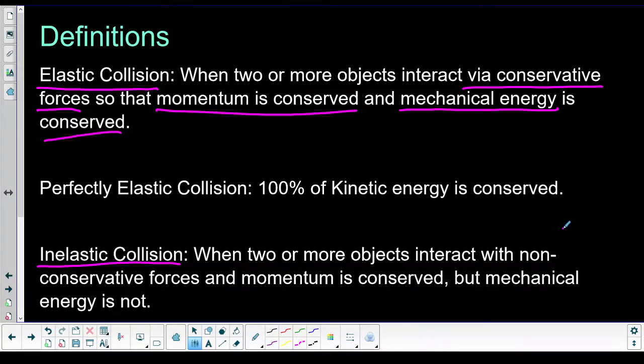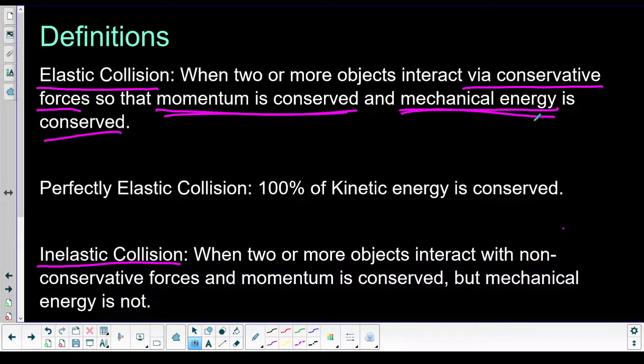It's something that I feel like I haven't thought enough about to give you a proper answer yet. But it's an interesting question. So we'll talk about where that mechanical energy goes when it's not conserved. But then we'll mostly focus on momentum because we're in the momentum unit. But anyway, for elastic collisions, the important bit is momentum's conserved, and so is mechanical energy.